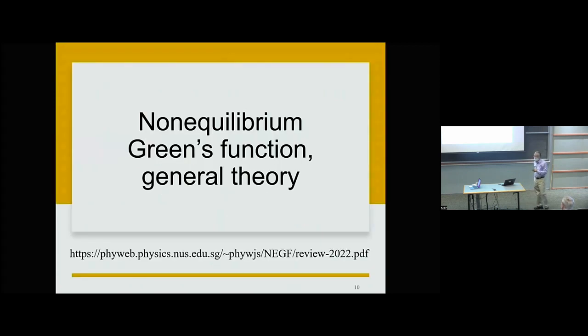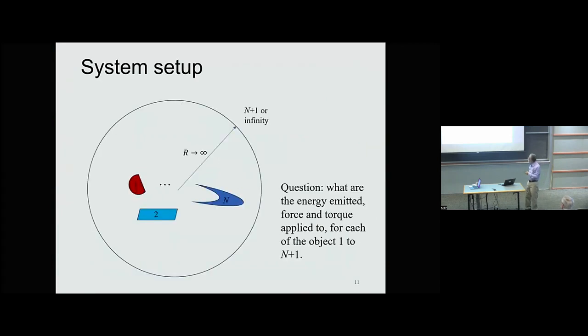Okay, the second part is about a more general theory. In the more general theory, the setup is the following. You have some arbitrary pieces of material. When I say material, in my mind, I'm using metals. Basically, each one of them is a tight binding model.